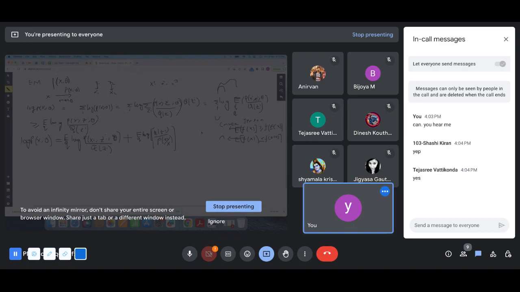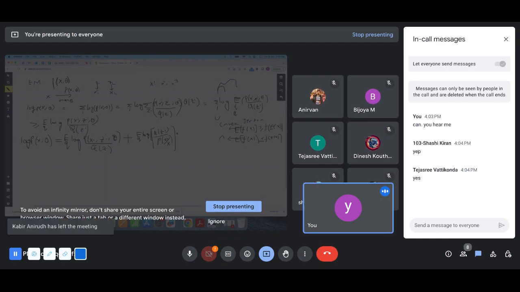Okay, so this is what we want to get. You got this expression by subtracting this from this, and this quantity is always positive, so that's why this is greater than this, as you have seen.